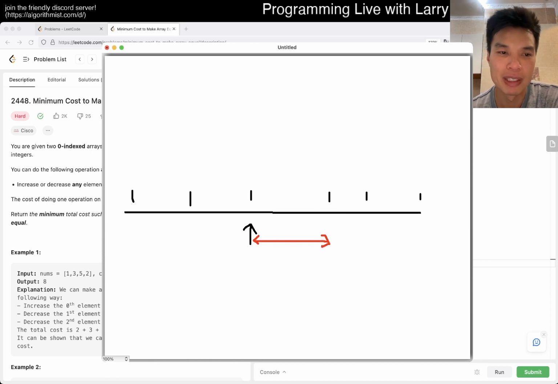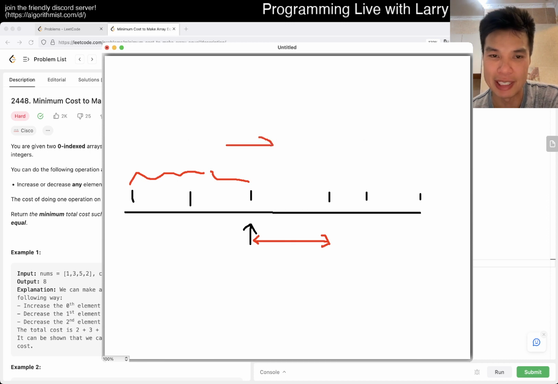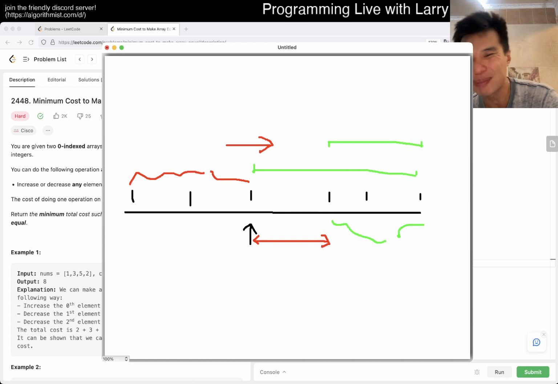That means that all these things will have to increment because it gets further away, so it will cost more. Where everything on the right side is getting smaller, right? Because it used to be this big, and now it is this big, some weighted component of that. So yeah, that's basically the idea.